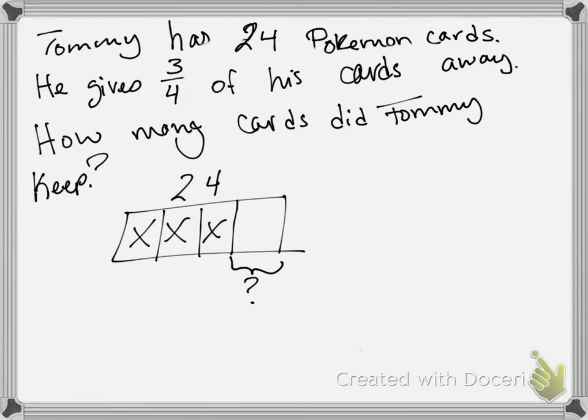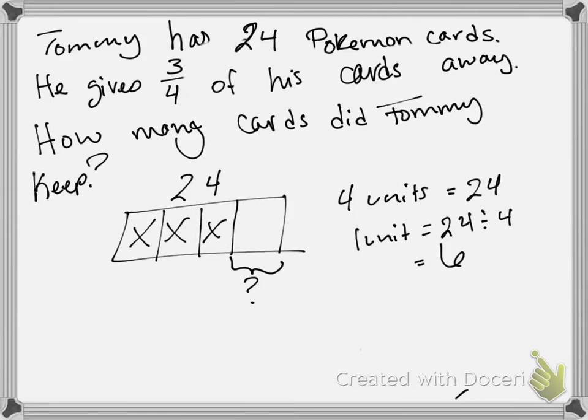You can do the dots again, which the dots didn't work. We can say, well, 4 units equals 24. 1 unit equals 24 divided by 4, which then equals 6.